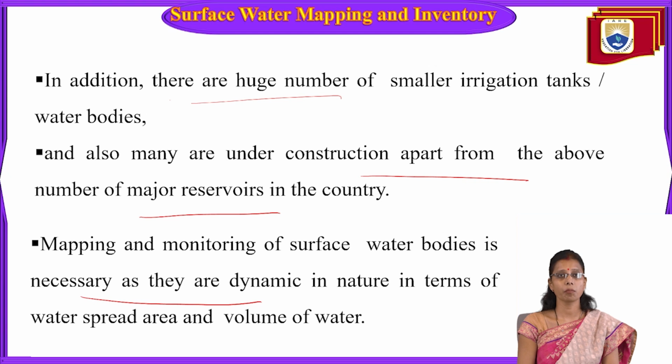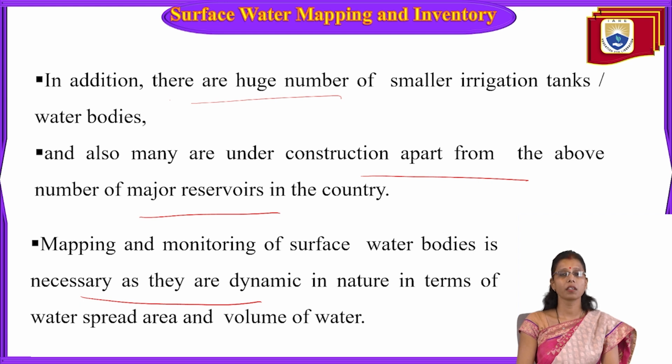So if mapping and monitoring is done, the present condition is known. If in the first year this is the condition and the water problem is more, in the second year we can see what the problem is. If monitoring keeps going on, we are able to go with watershed management and do conservation of water. That's why surface water mapping helps us to find out the present condition and we can assume the future.